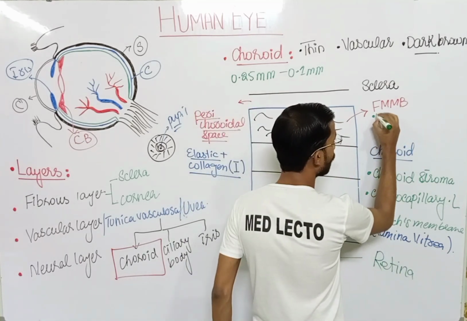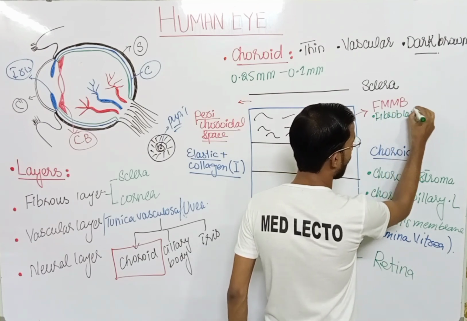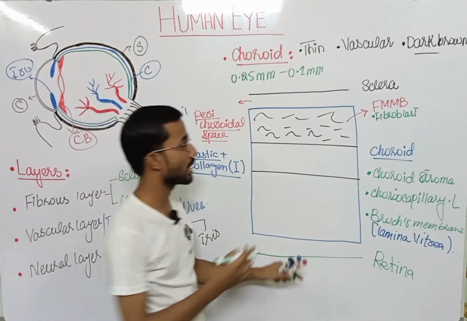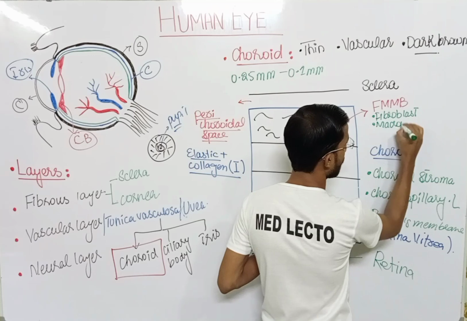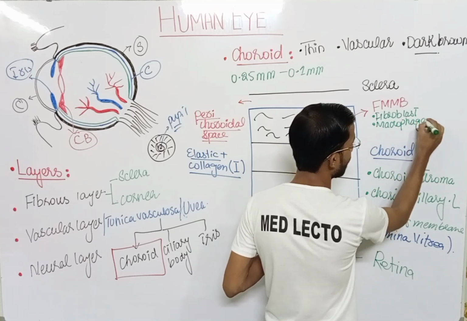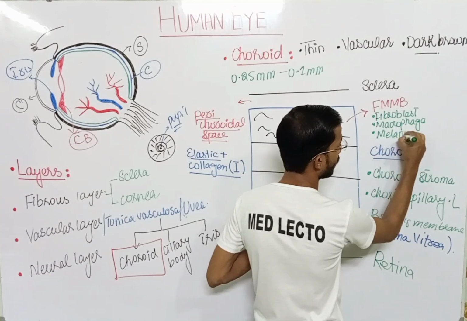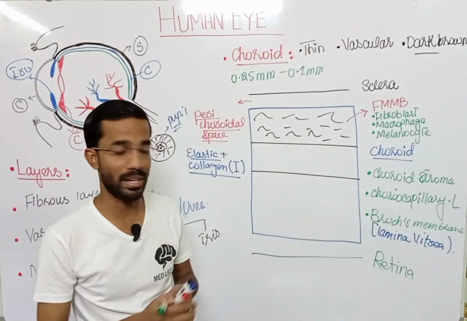First is the fibroblast, which is involved in the formation of the different fibers. You will also see the macrophage and melanocytes, and last are the blood vessels.